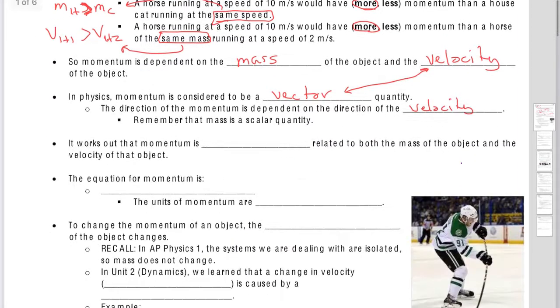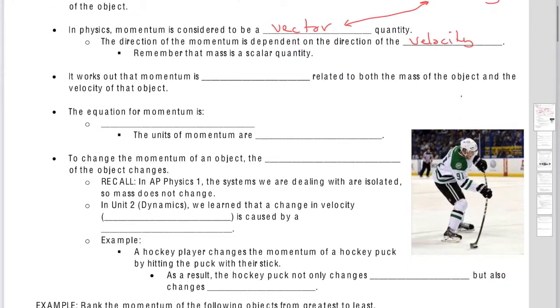All right, it works out that momentum is directly related to those two factors, the mass and the velocity of the object. We'll address that in a second once we get the equation. The equation for momentum is p equals mv. So p is momentum.